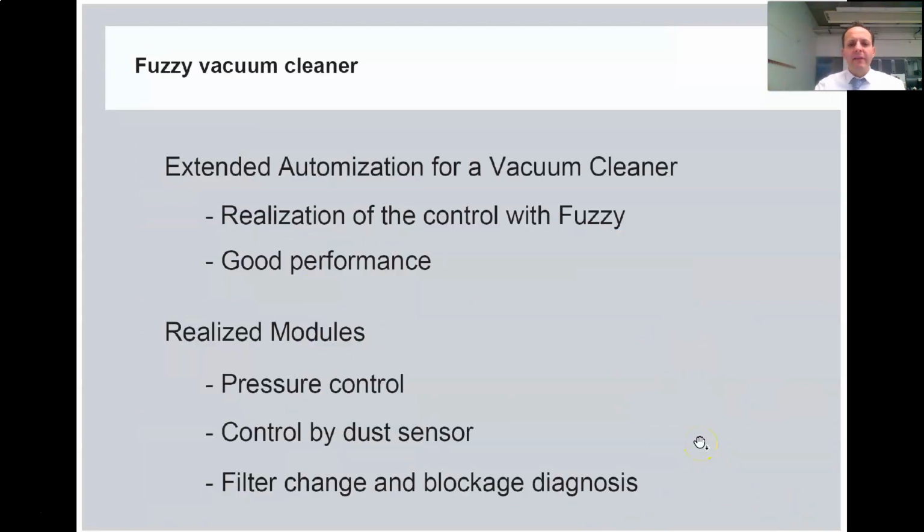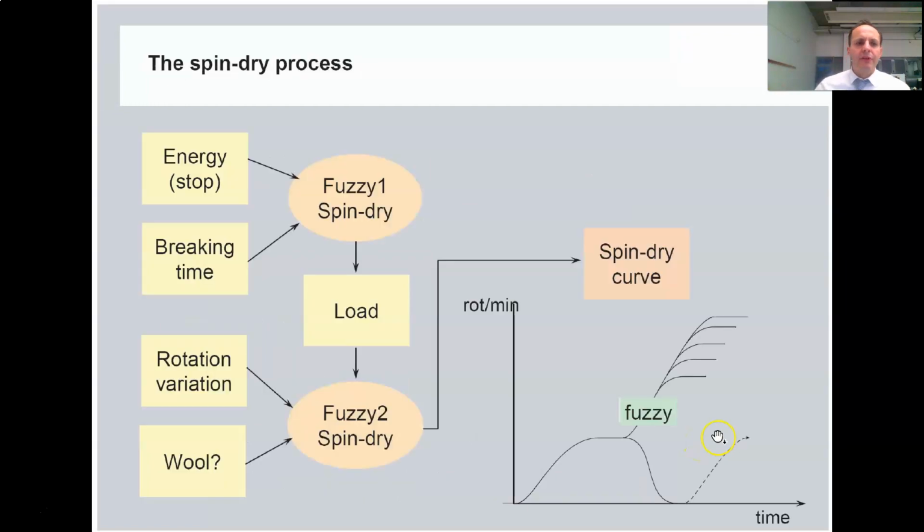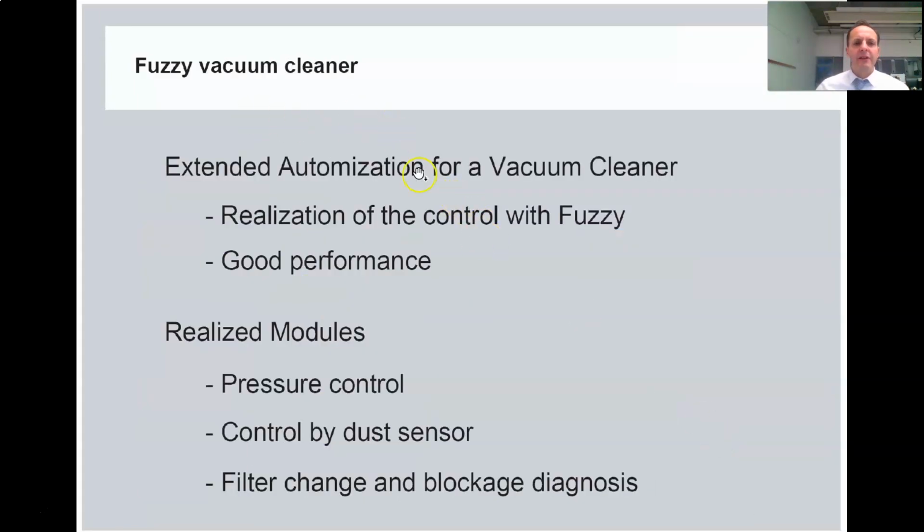Well, another example is represented by the fuzzy vacuum cleaner. It is another powerful application of fuzzy control in order to optimize a vacuum cleaner, and also to obtain good performance in terms of the working condition.